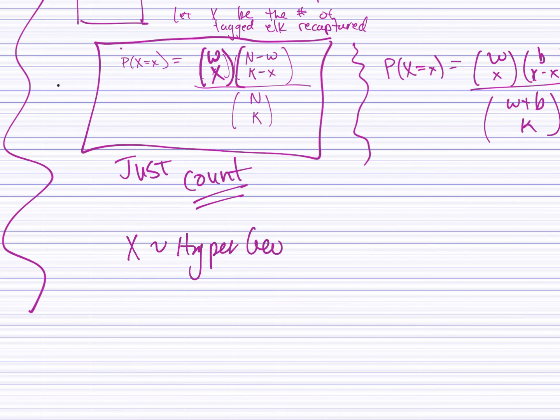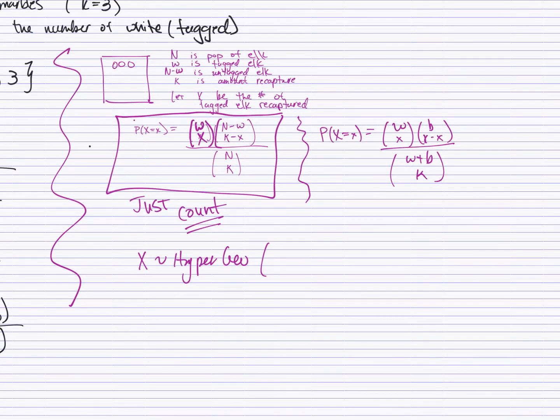I'm going to abbreviate hypergeometric, and in this scenario, it has 3 parameters: the total population, the tagged elk, and the number of elk that I recapture, right? That's the total pop, that's the tagged, and tagged is really just the thing that I've decided is success. It's the thing that I'm counting, and that is the pull or the recapture. Okay?